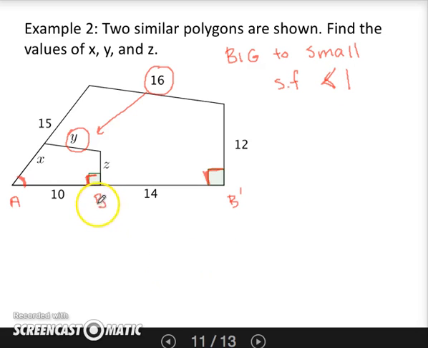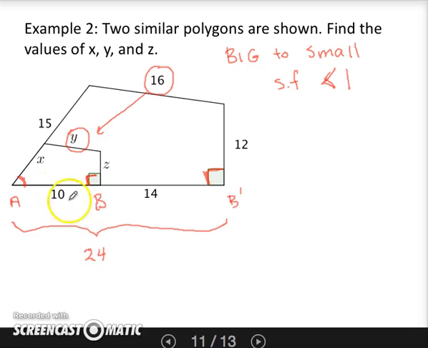Okay, are there any corresponding sides that we know? Well, we're given that this portion here is 10 units long, and this portion here from B to B prime is 14 units long. So we can add them up and discover that this entire side of the big polygon is 24 units.